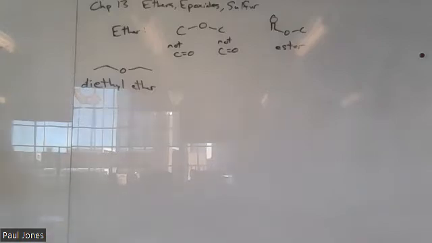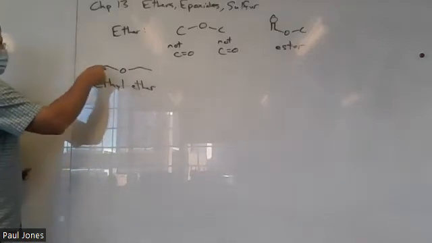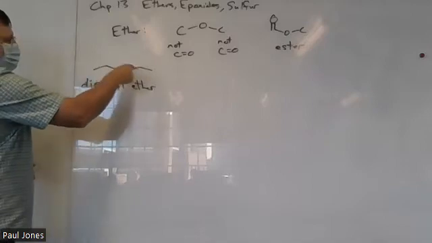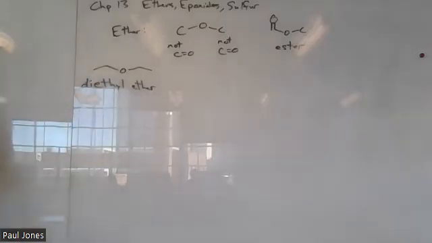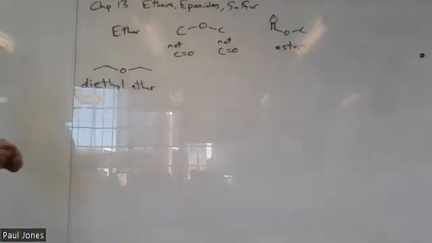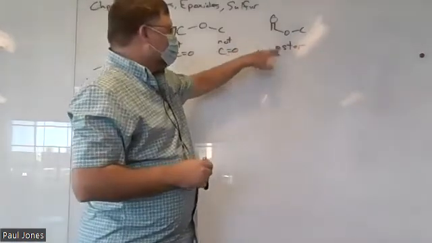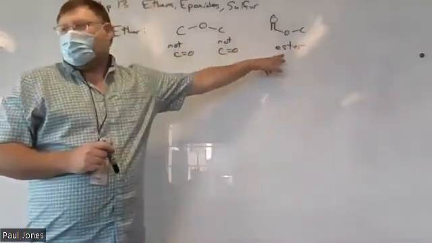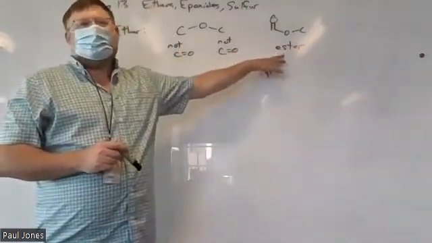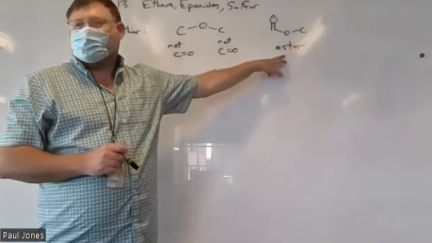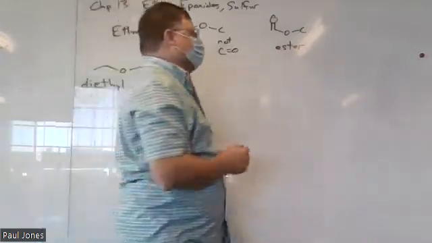Anyway, the ether functional group is a carbon, oxygen, carbon, with the stipulation that neither of those carbons can be a carbonyl. If one of the carbons is a carbonyl, that's an ester. Ether and ester not only look similar, they sound similar, and students confuse them all the time.